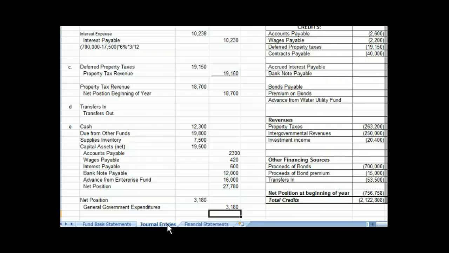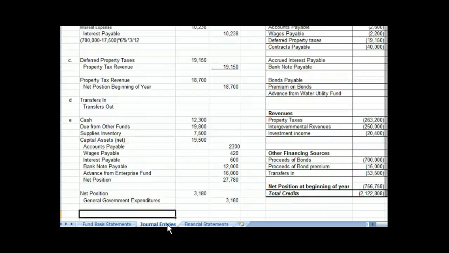And then the last thing that you have is the interest expense. You have to record that, and we'll go pick up these in just a minute.